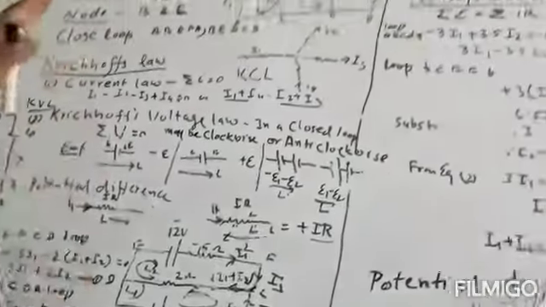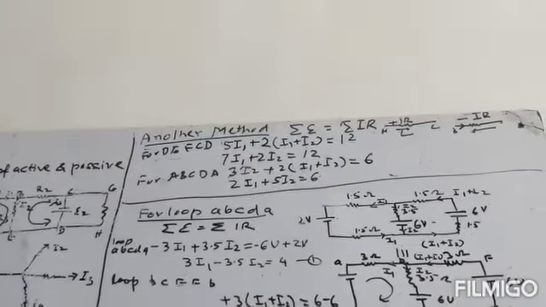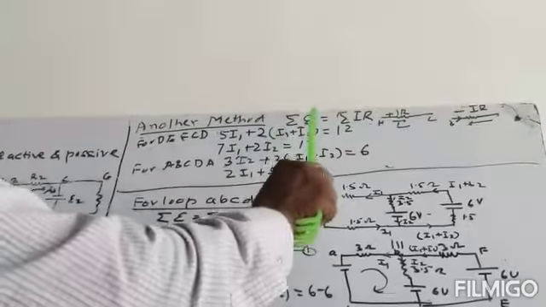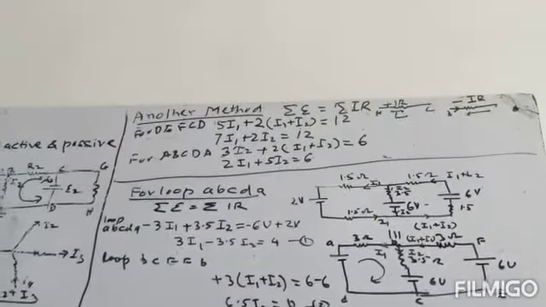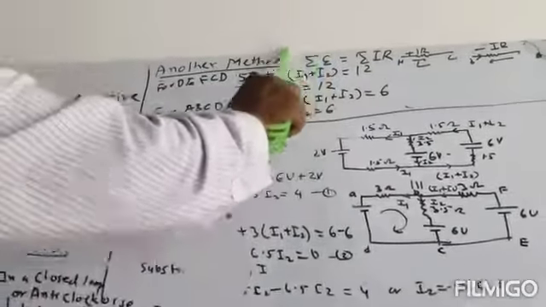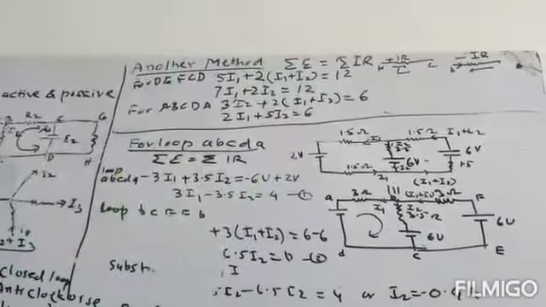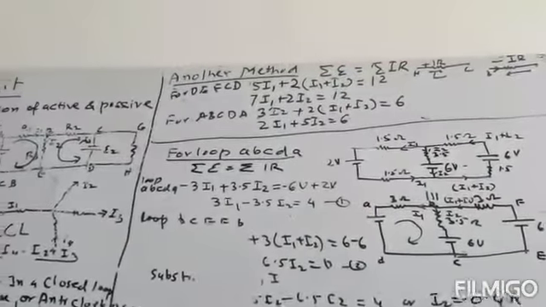We can have an alternate method also, in which the summation of EMF will be equal to the summation of potential difference. Here the summation of EMF has the same convention as we have taken here. If it goes from positive to negative, it is negative.